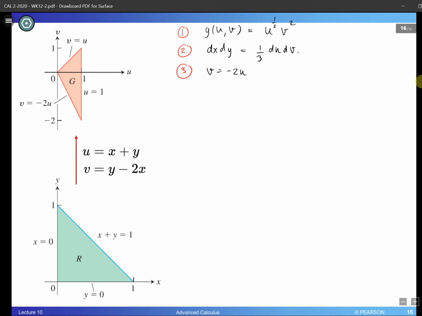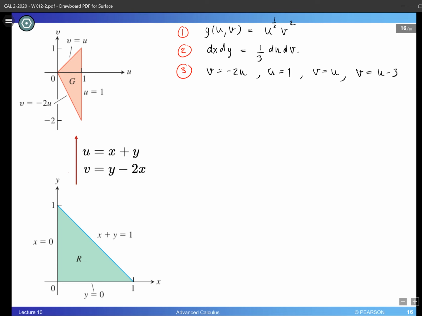Second one is a simple one, u equal to 1. Alright, this one should be easy. Now next one, back to an equation of a line, v equal to u. Same thing, v equal to u. And the last one, also a line, v equal to u minus 3. V equal to u minus 3.